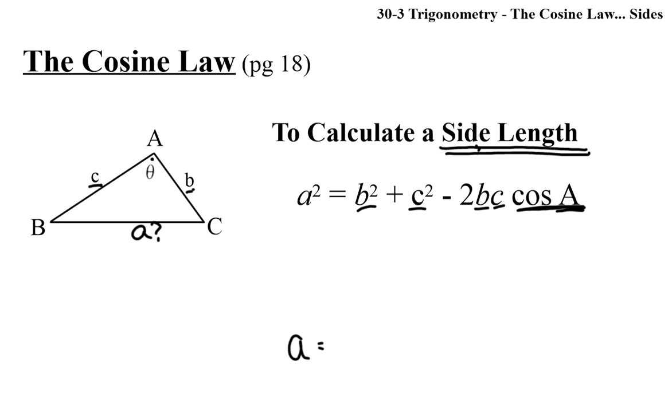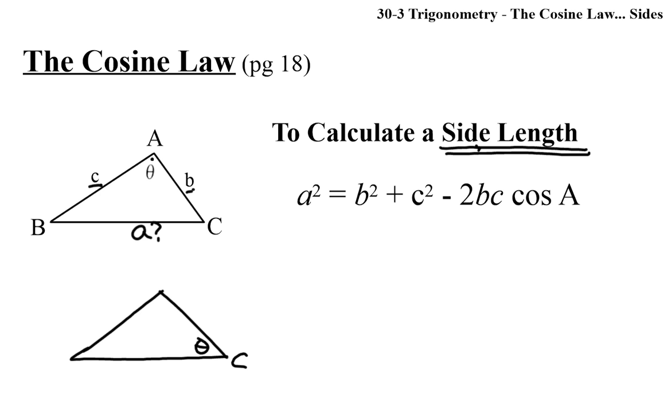So all the information's there to find side A. But what if I have the exact same idea where we now have angle C, side A, and side B, and we want to know what side C is?